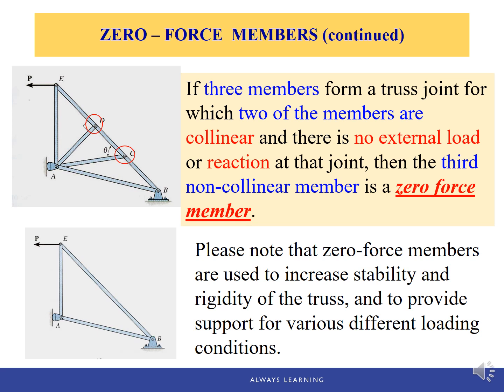For example, if there is a force applied at pin D, then member AD is no longer a zero force member, because a zero force member requires there's no external force applied at the pin. Same idea for pin C. If we have a force applied at pin C, then member AC is no longer a zero force member.